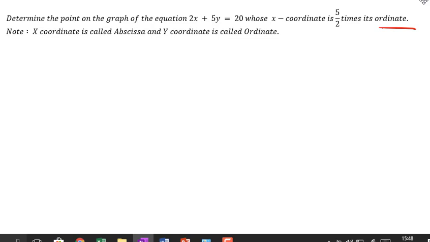Now in the solution, to determine the point, as I don't know the point but I know one relation, I will say let A (x1, y1) be the required point. You can say (a, b) or (x1, y1), whatever you want.